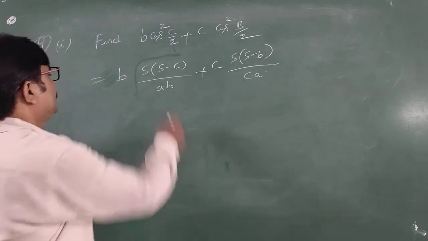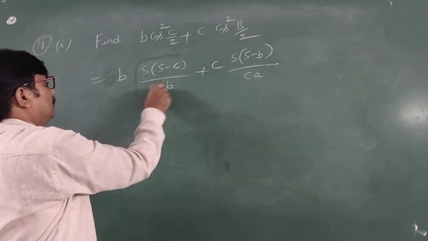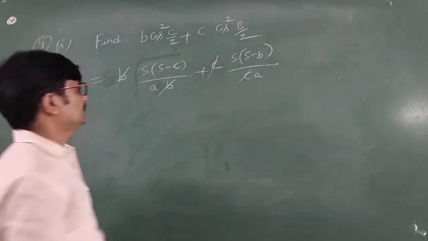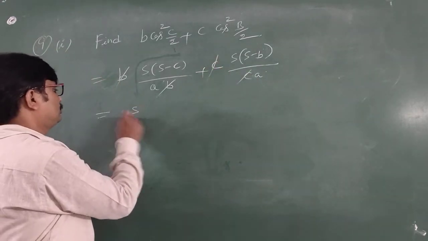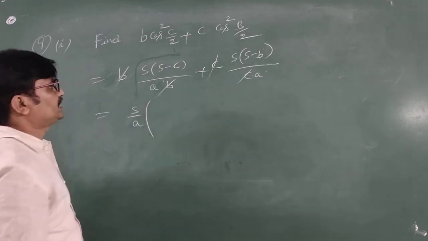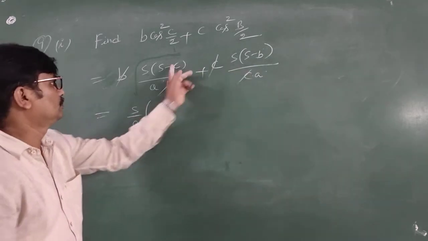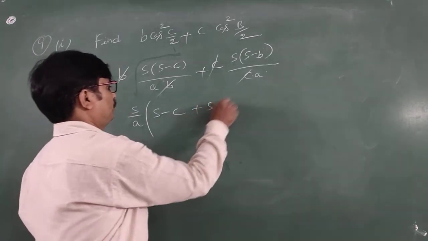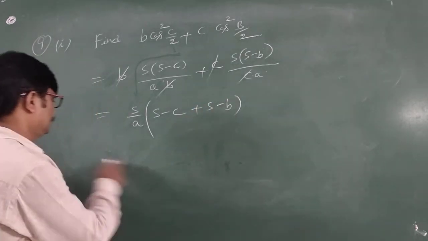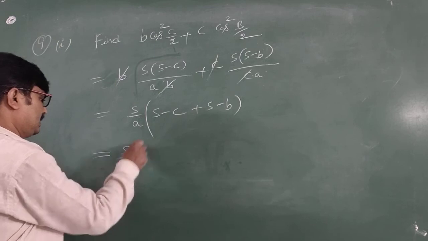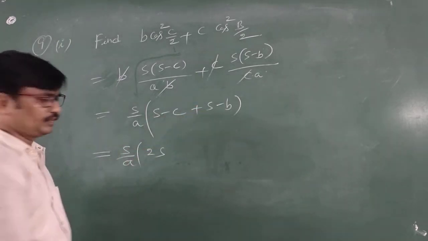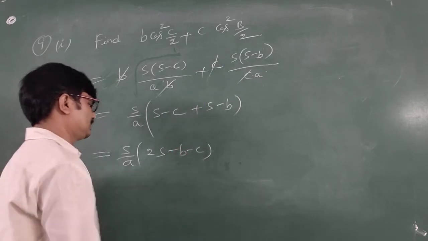So students, here bb cancel, this is cc cancel. Now students, s minus a is the common. So what is there? (s minus c) plus (s minus b). Now students, s minus a, s plus s is 2s minus b minus c.